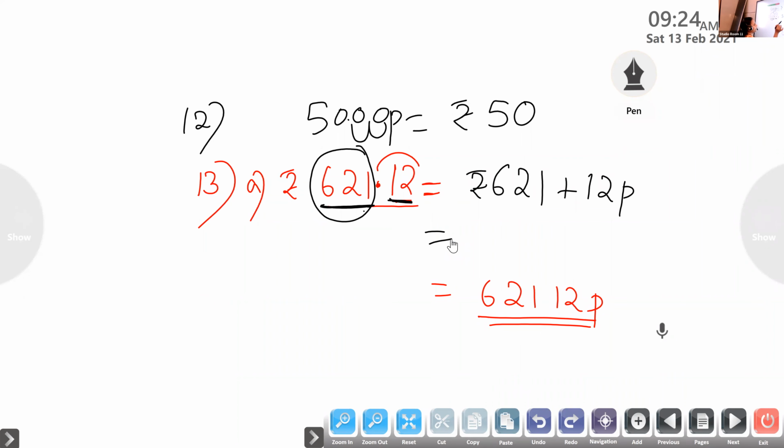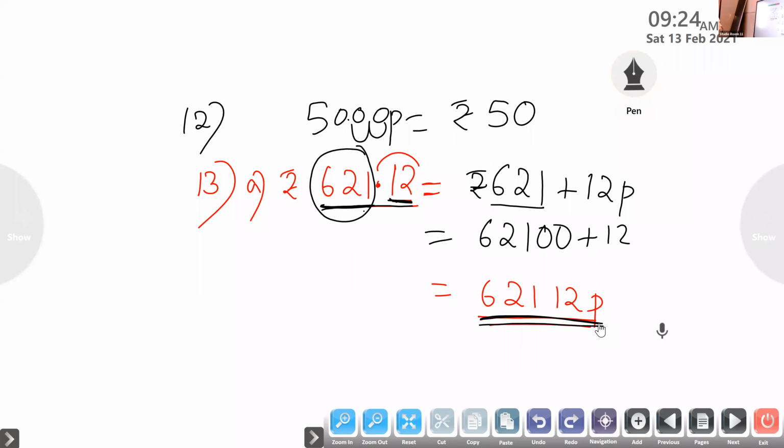Now, children, I told you how to convert rupees to paise: write the number, then add how many zeros? 2 zeros. So this means 62,100. Then add 12. No need to add these 2 because I have already given you the easy method. Write the number without decimal point.